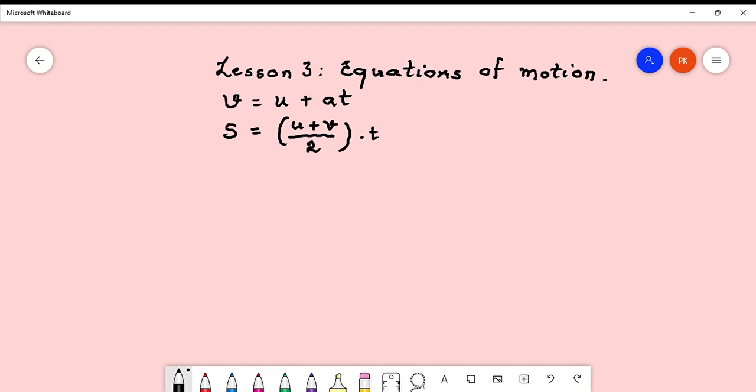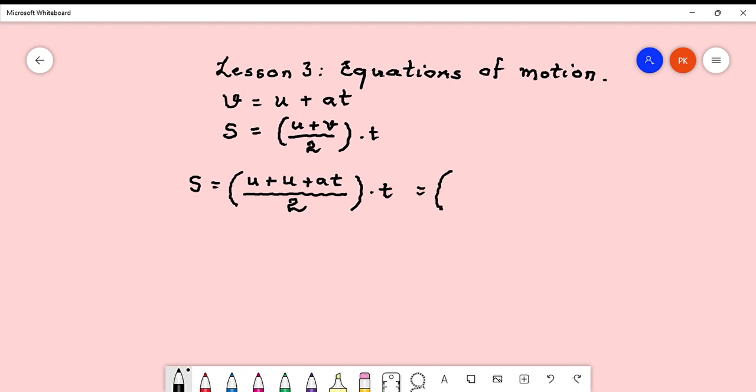So, first of all, S is equal to U plus V divided by 2 into T. Now, for V, I am going to substitute U plus AT. So, what will you get?